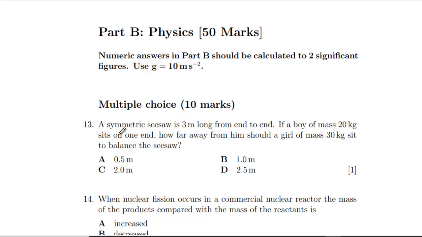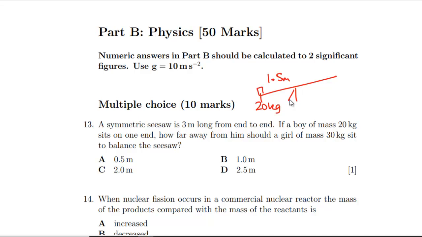Right, question 13. The symmetric seesaw is 3 meters long from end to end. If a boy of mass 20 kilograms sits on one end, how far away from him should a girl of mass 30 kilograms sit to balance? So we've got 20 kilograms at one end, so that's going to be at 1.5 meters.